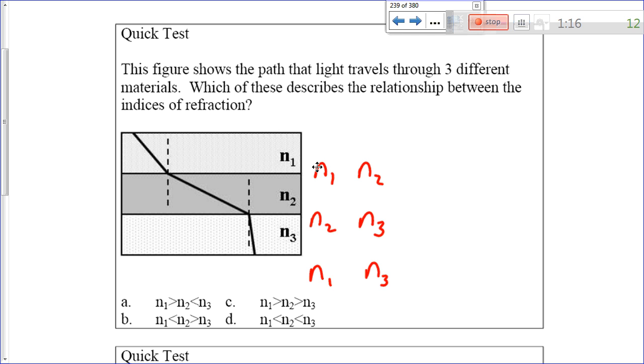Try drawing your wave fronts like this. I'll do the first one for y'all. Here we notice that since it bends in this direction, that means this side must be speeding up. And that tells you that N2 is less than N1, because it speeds up in N2, so it has a lower index. And so you can get rid of some options.